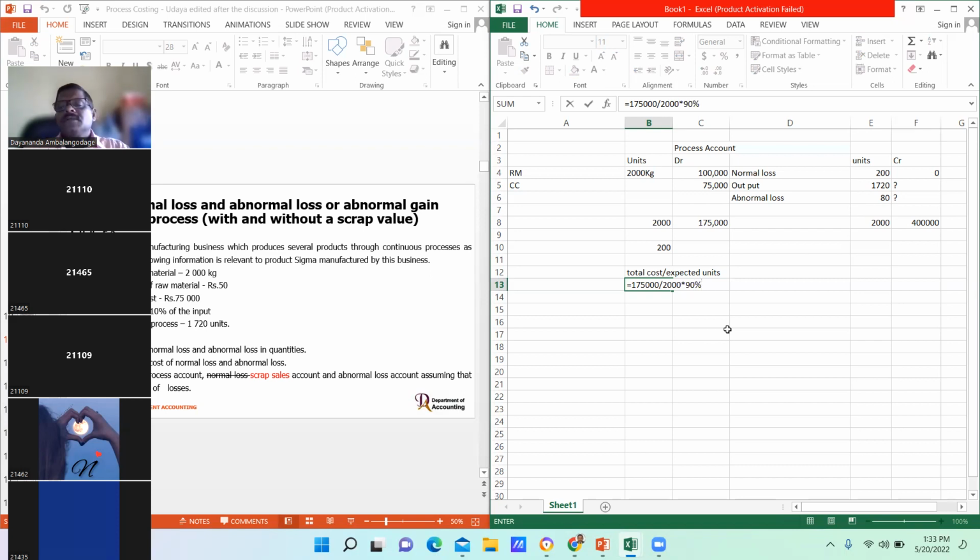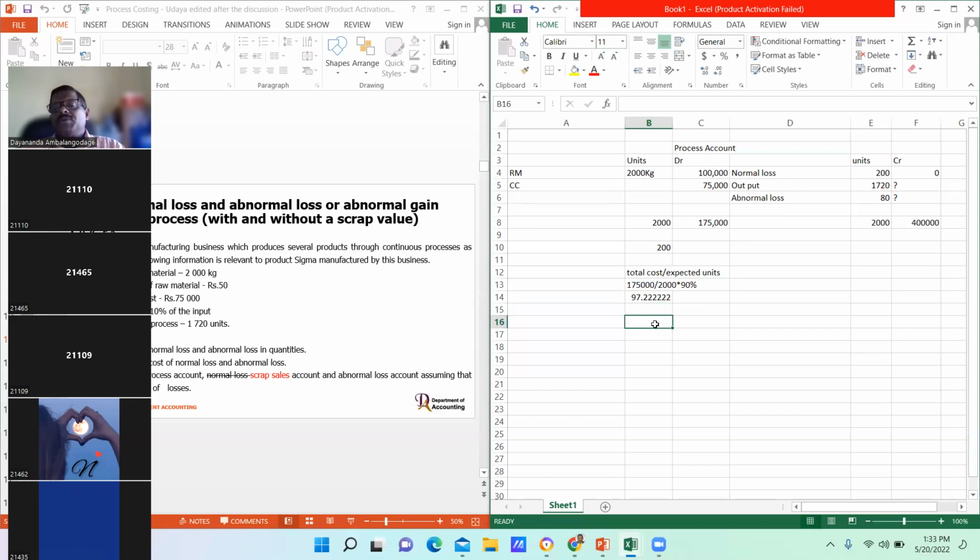So 175,000 divided by 2000 into 90%, which is 1800. So the cost is 97.22.